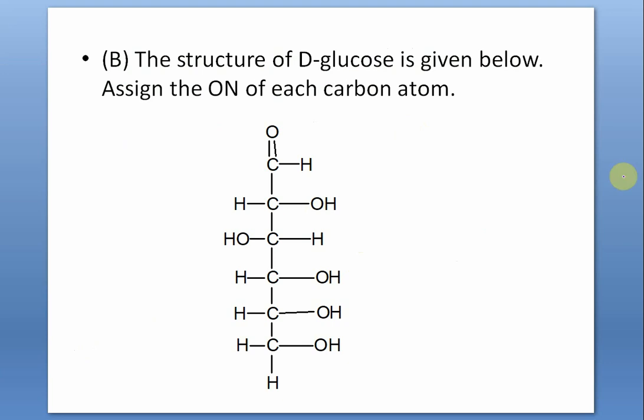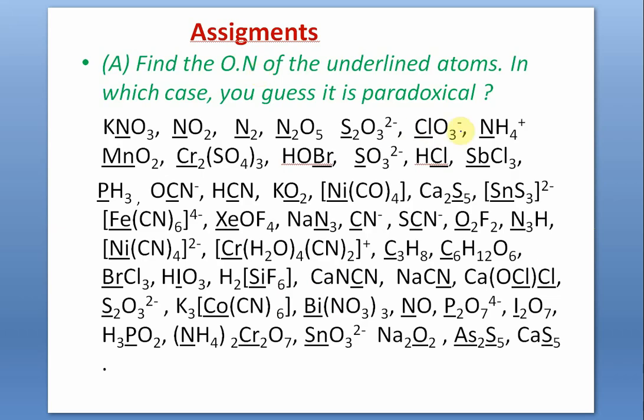This is a task. This is the structure of glucose. You have to assign the oxidation number of each carbon atom. By the way we have been doing, these are identical atoms, no gain or loss, same, and you see what. So these are the questions you have to do, assignments.